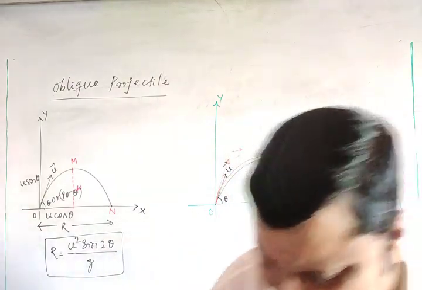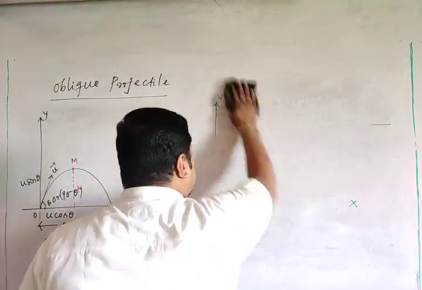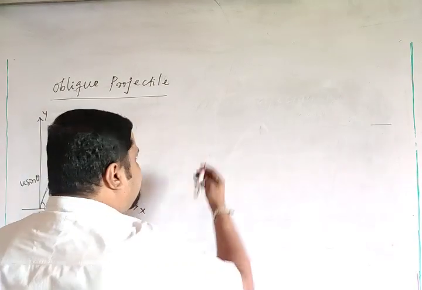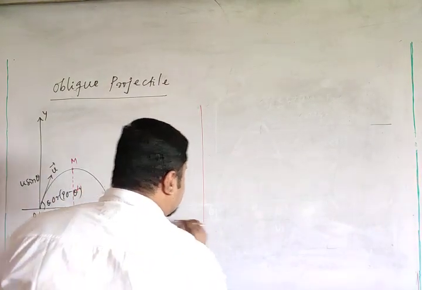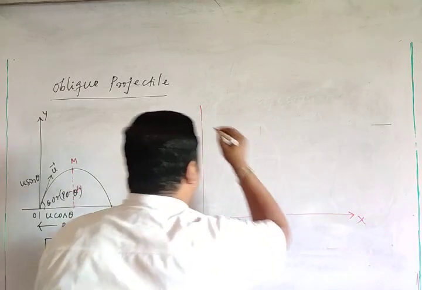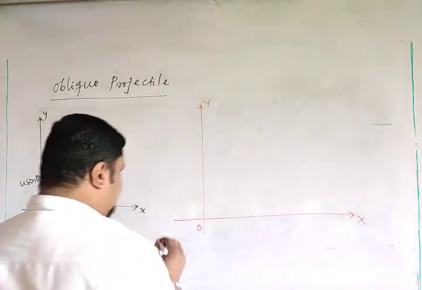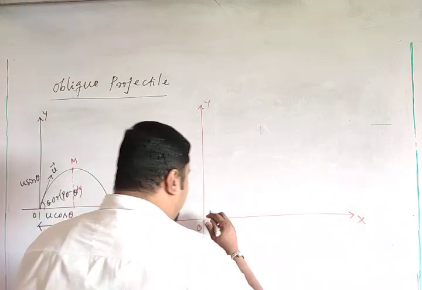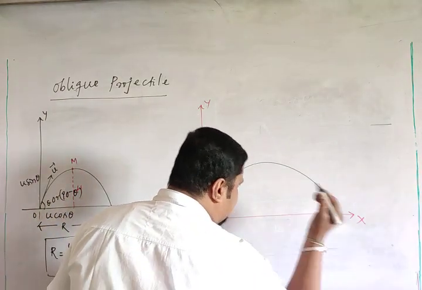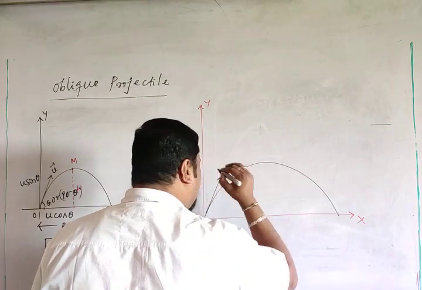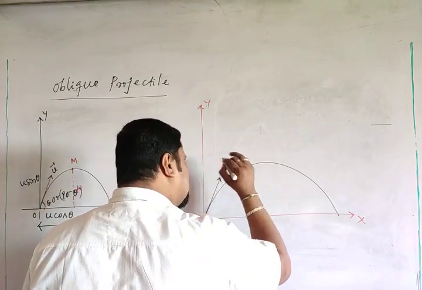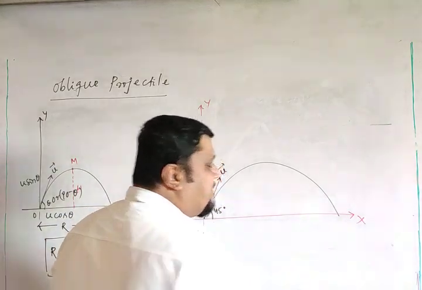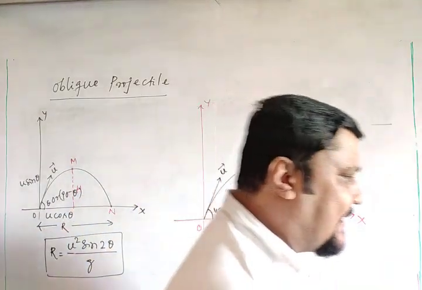Let me make it more clear. You need not take this u. If the projectile is projected at an angle of 45 degrees, with velocity u, this is the maximum range. That is the one case.